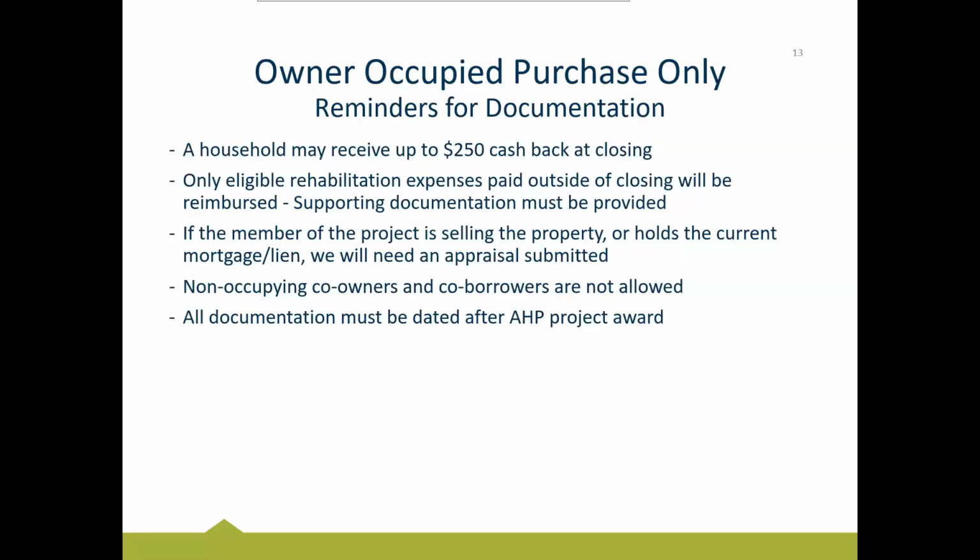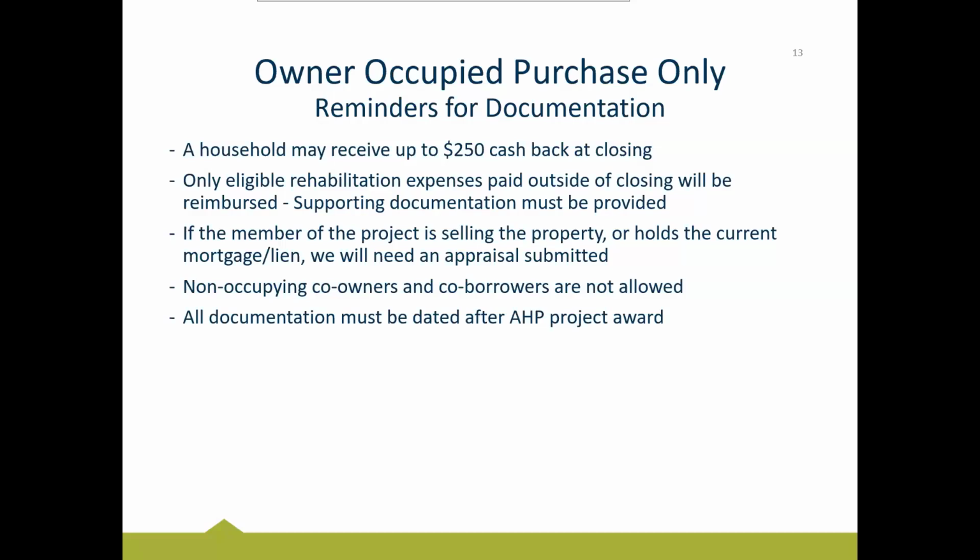Only eligible rehabilitation expenses paid outside closing will be reimbursed. If there are any rehabilitation expenses listed on the closing disclosure, that is okay, but you will need to provide documentation to us of what those repairs were, the invoices, things like that, to verify the amount and what the costs were, so that we can verify that those costs are AHP eligible.